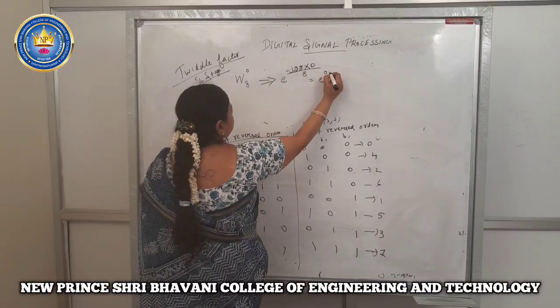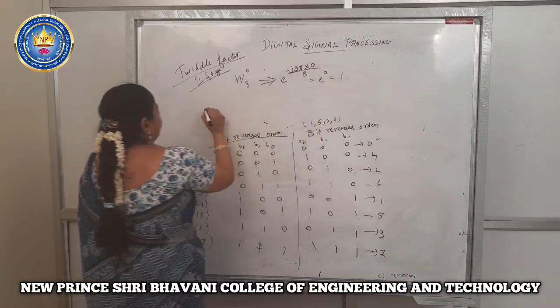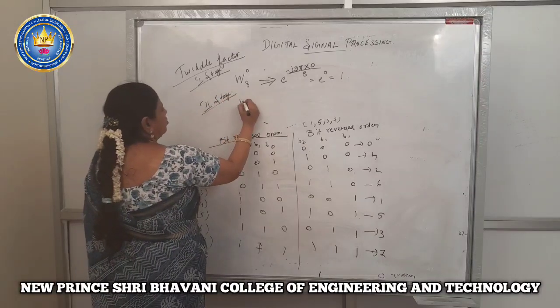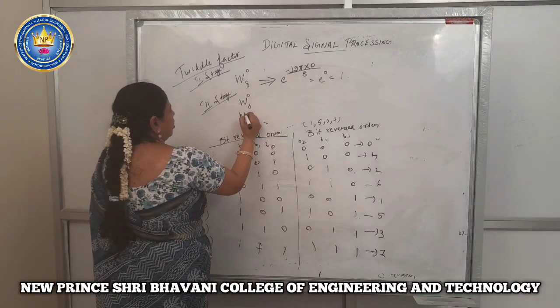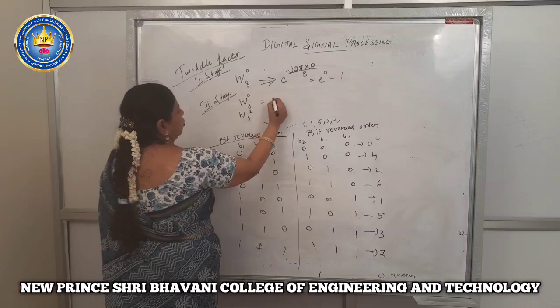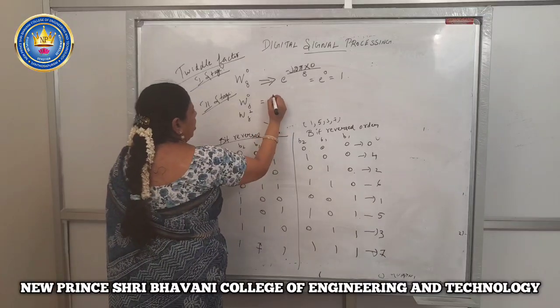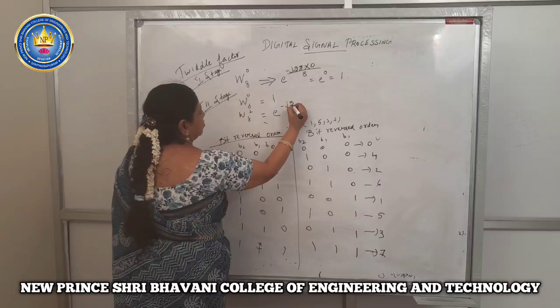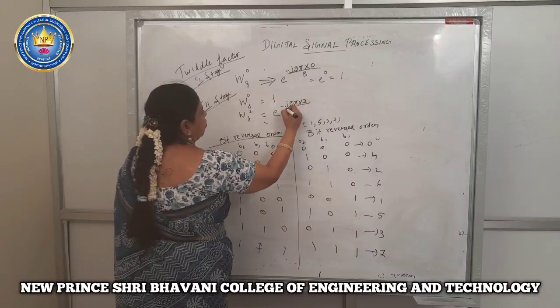So e power 0 is nothing but my 1. Then for the second stage, the twiddle factors involved are W80, which is again 1, and W82. Already we have computed.